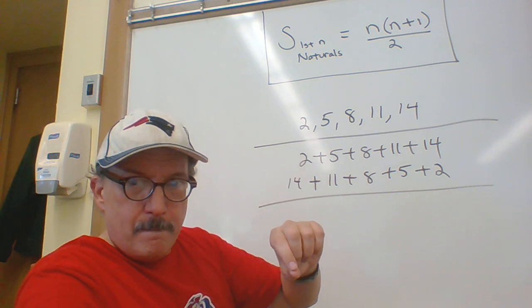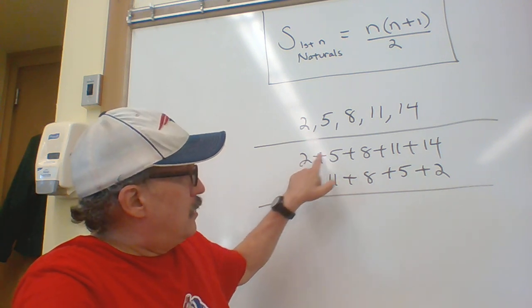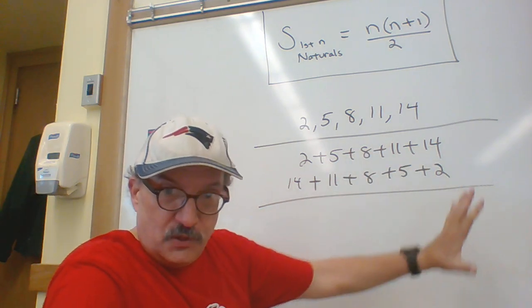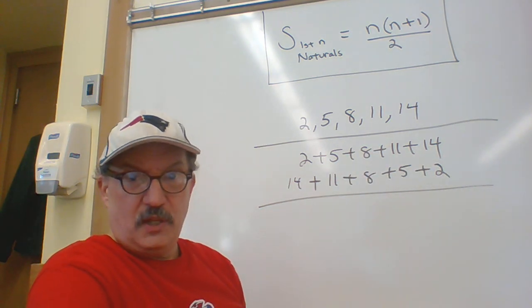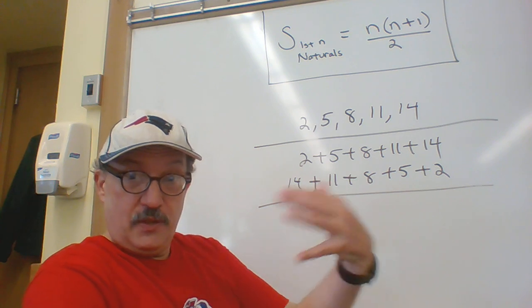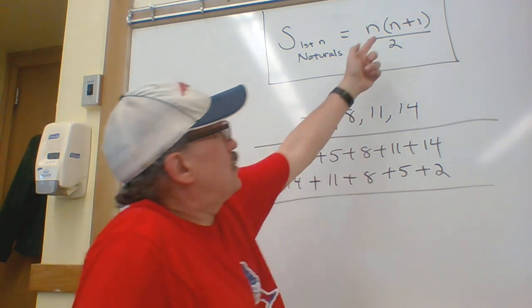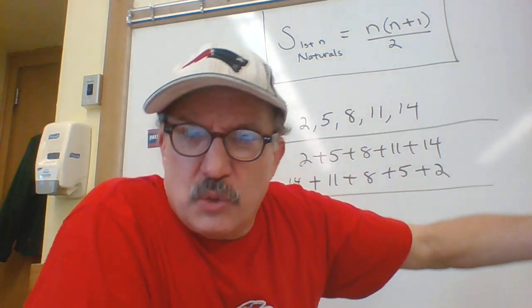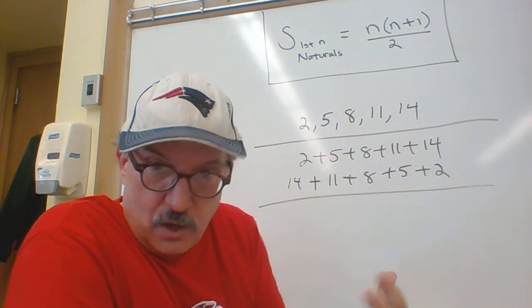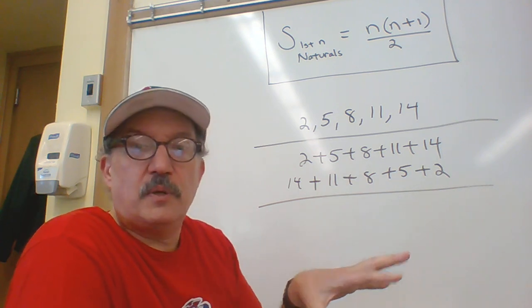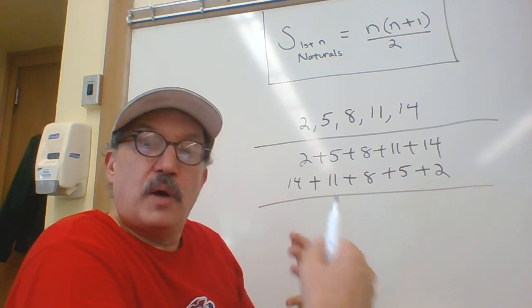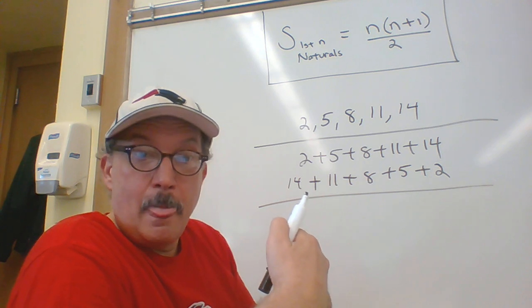This sum is the first term plus the last term. Each of the sums is the first term plus the last term. Now, in the case of the natural numbers, the first term was 1. So that's why we could say it was n plus 1. See, it's not always going to be 1. So this is a little bit more challenging, more general, but the structure is very similar.